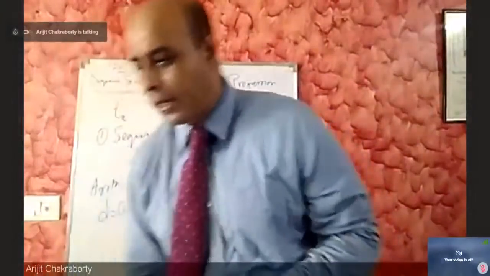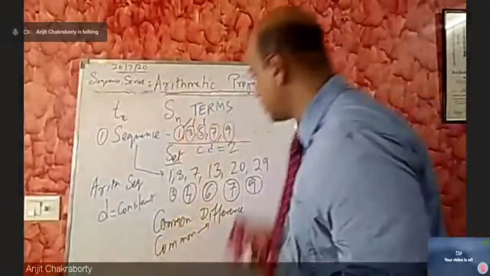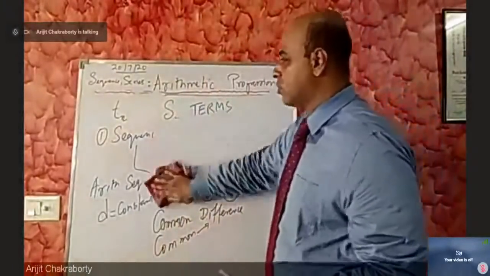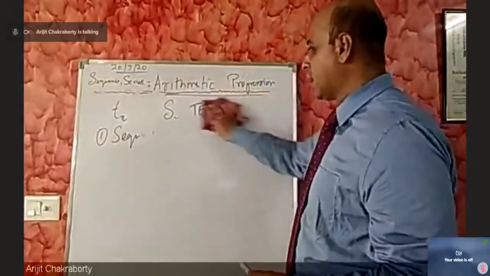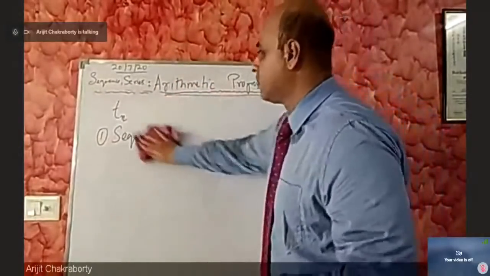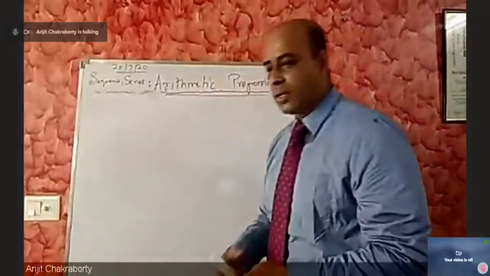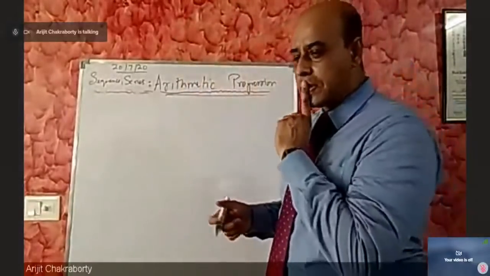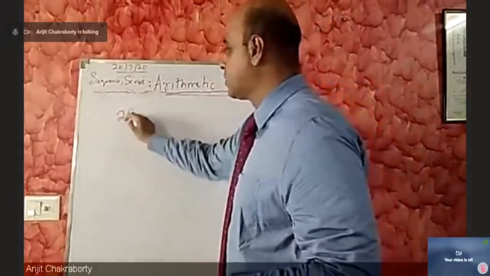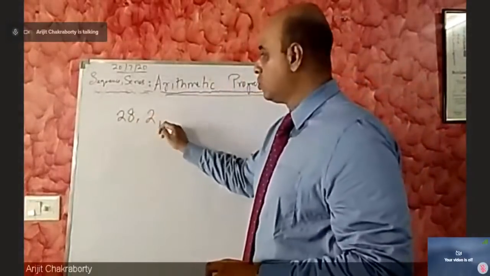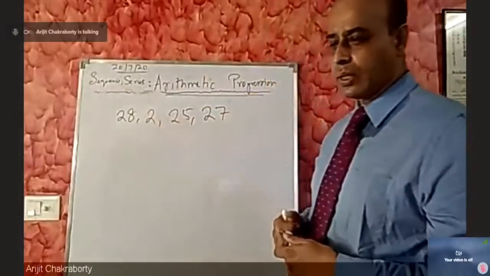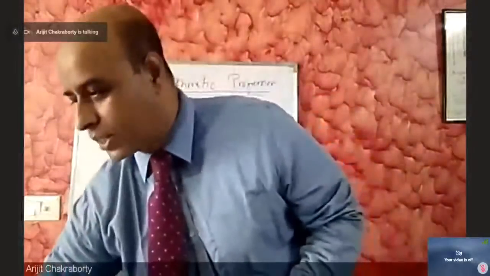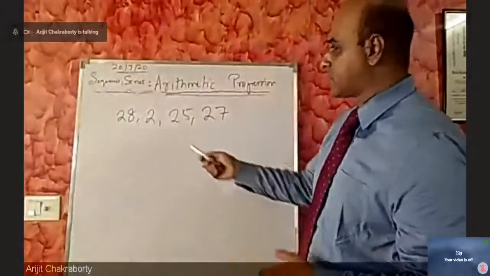Let us see some more sequences, and let us analyze each of them. So the first sequence: 28, 2, 25, 27. What is your idea of this?